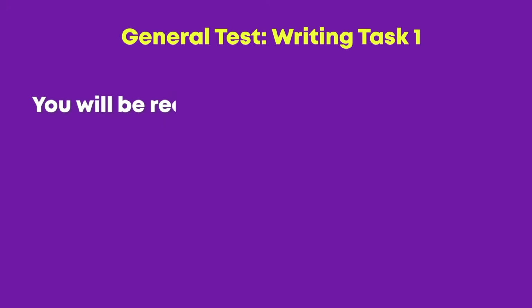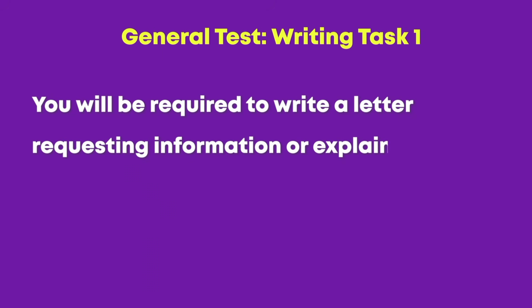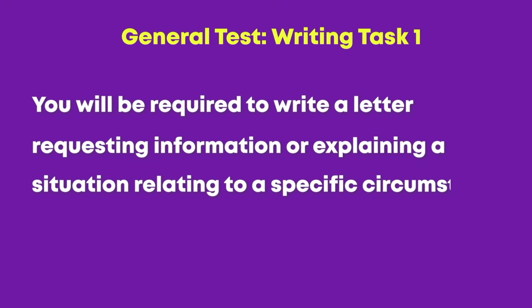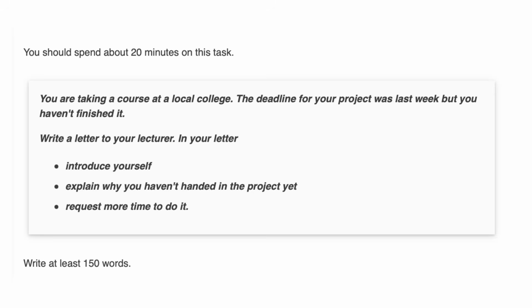The writing task 1 question is a little bit different for the general test. So for the general test, you'll be required to write a letter requesting information or explaining a situation relating to a specific circumstance. So again, let's look at some examples to see what this question actually looks like.